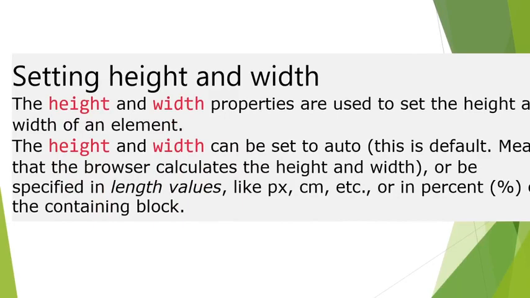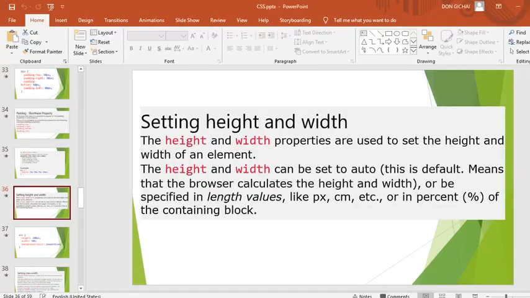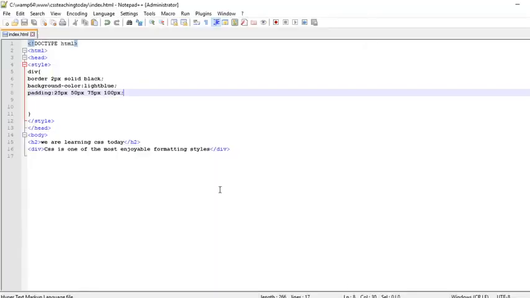The height and width can be set to auto, which is the default, meaning that the browser calculates the height and width, or be specified in length values like px, centimeters, etc., or in percentage of the containing block. Therefore, we can go and practice that. We look at how we actually set the height and width.